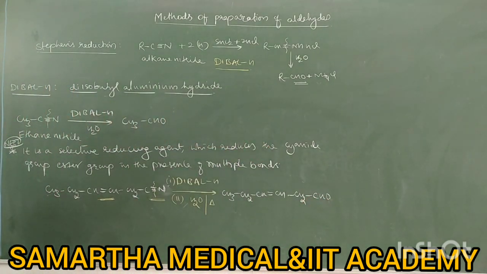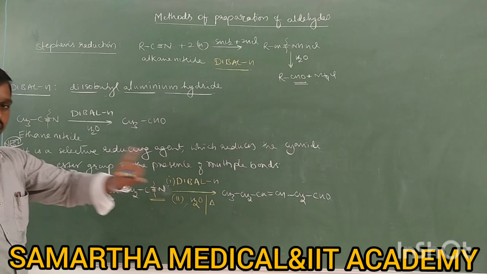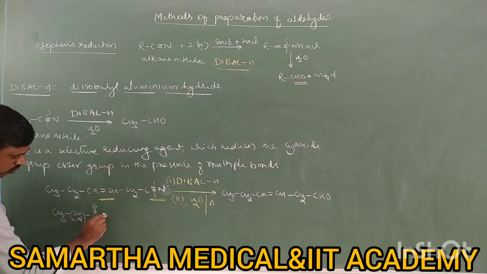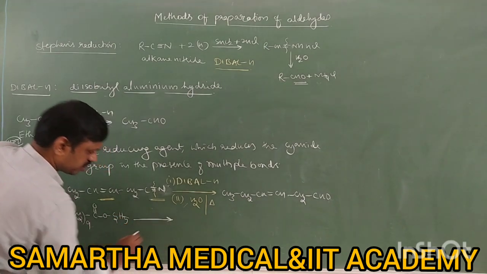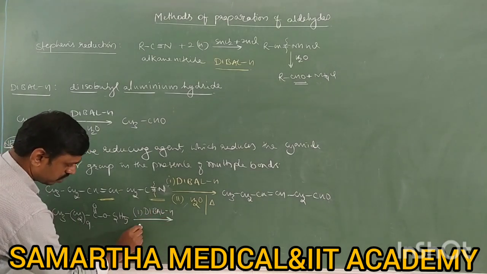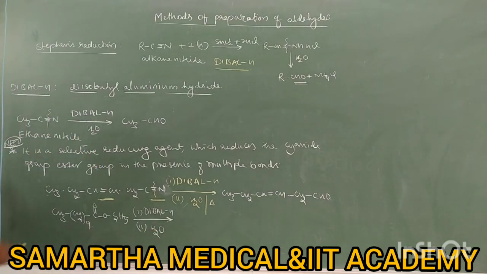This is one important use of DIBAL-H. DIBAL-H can convert cyanide to aldehyde and does not affect the multiple bond. Similarly, you can take an ester also. CH3 CH2, and so on, C double bond O, OC2H5. This is an ester. The ester is treated with 1, DIBAL-H, and 2, hydrolysis. Then the ester bond is broken.